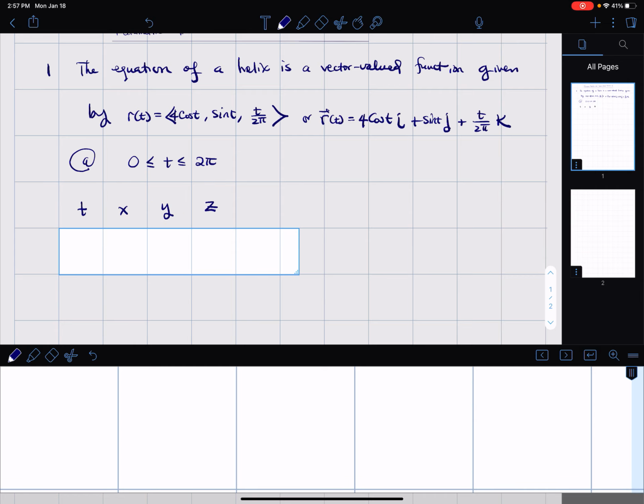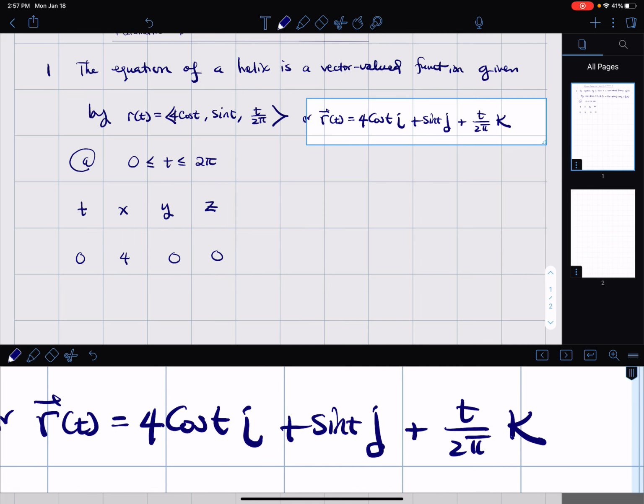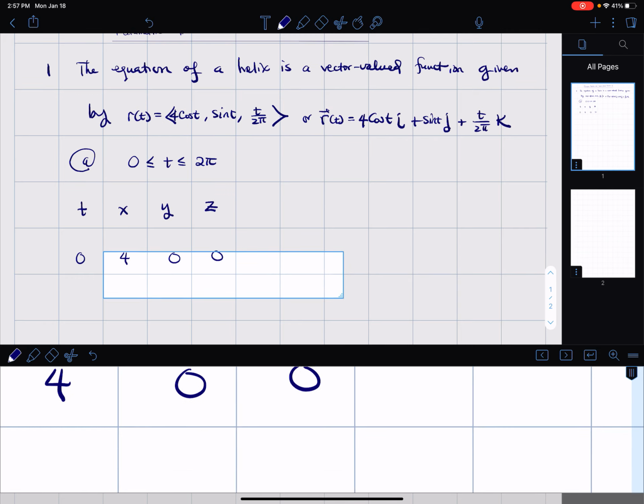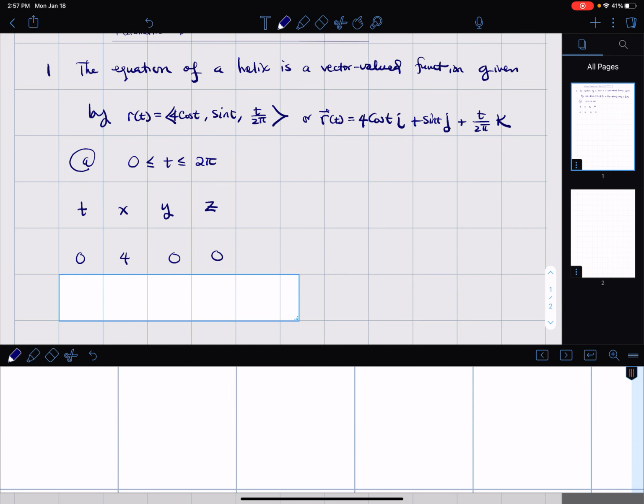When t is 0, x is 4, y is 0, and z is 0. I'm just plugging t into 4 cosine t, sine t, and t over 2 pi. When t is pi over 2, x is 0, y is 1, and z is 1 over 4.